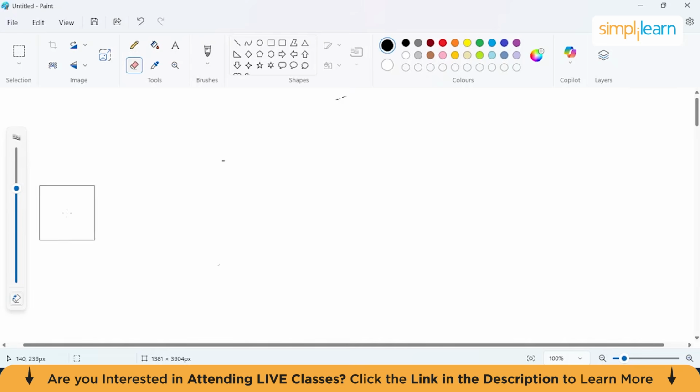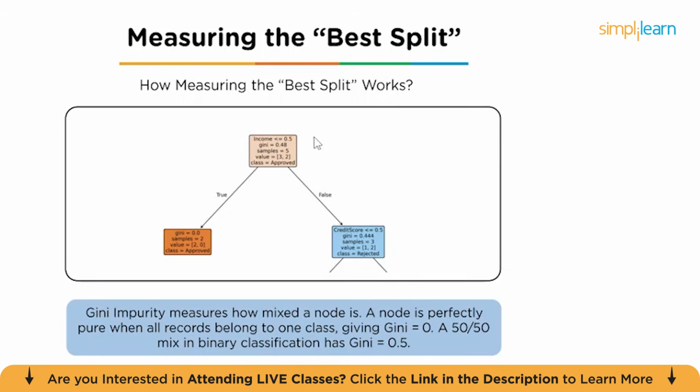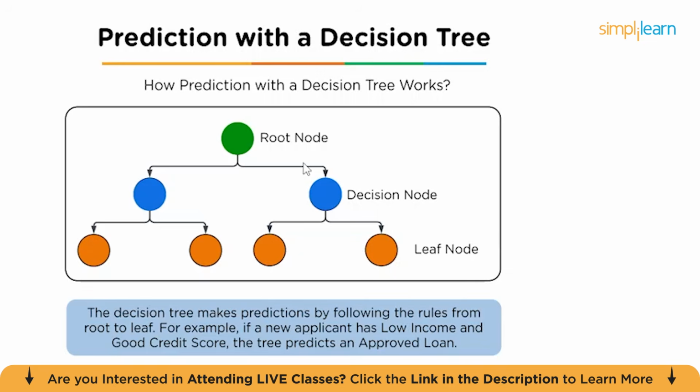Now based upon the condition, that's what we have looked at. The same example is given: income is less than 0.5, Gini impurity, samples is 5, value 3 and 2, approved, and so on. In a similar way, the prediction process: once we get the decision tree completed, for any random different inputs it follows a path.